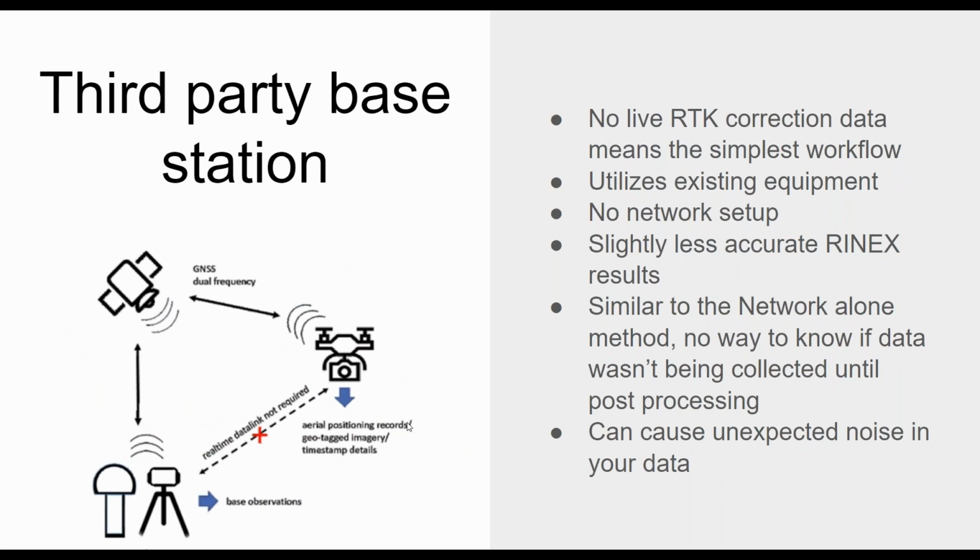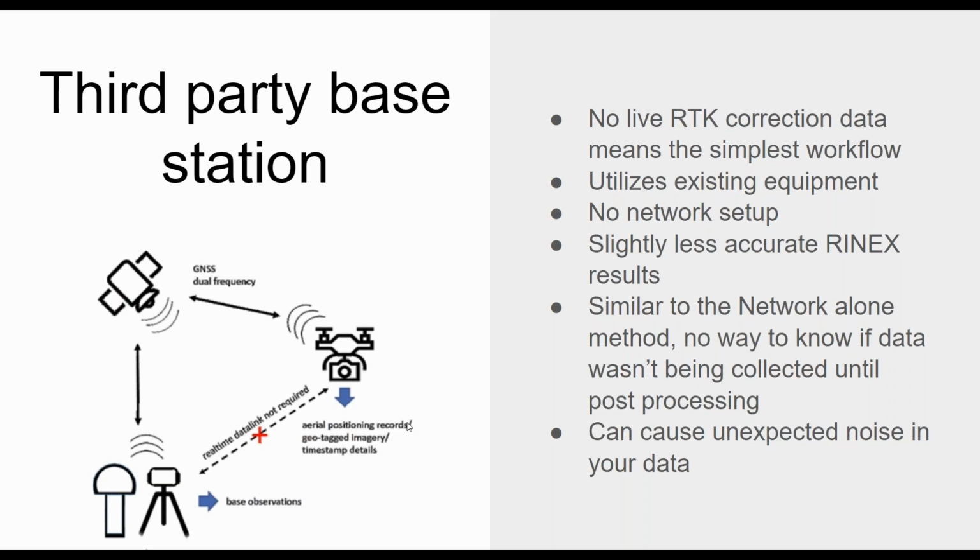What this is, this is a better version of PPK processing. What that means is there is no live correction data coming from this method. How you would incorporate this is you're going to set up your base station on your area of interest before you launch your drone, and then begin to collect your PPK RINEX data, preferably below 1 megahertz.